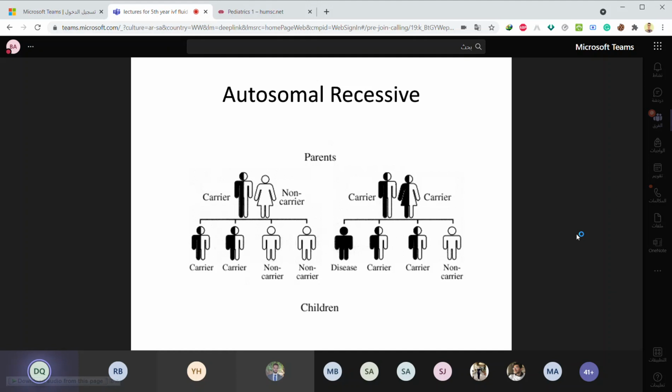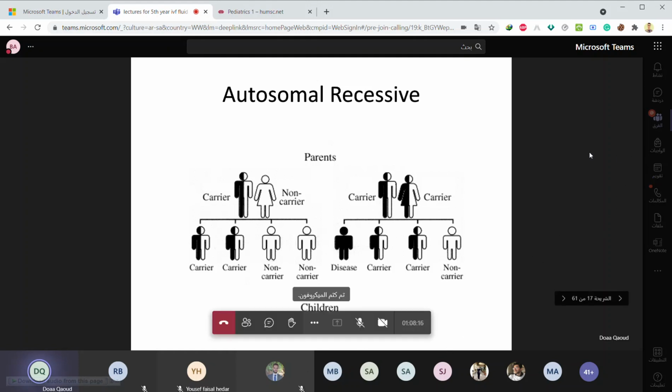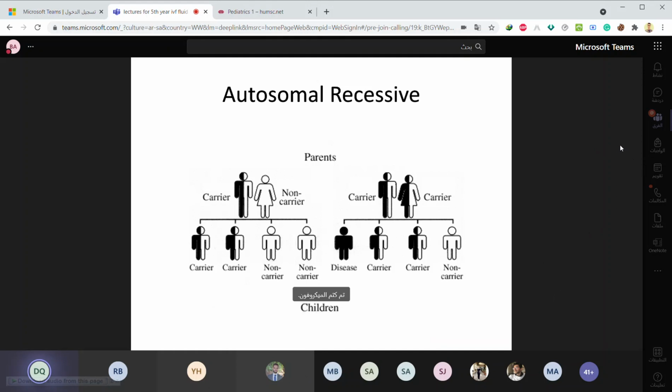But in the case of 2 carrier parents, we have 1 diseased, 2 carriers, and 1 not affected. This is common because of consanguineous marriages, because the mom and the father are both carriers, being cousins or related to each other.